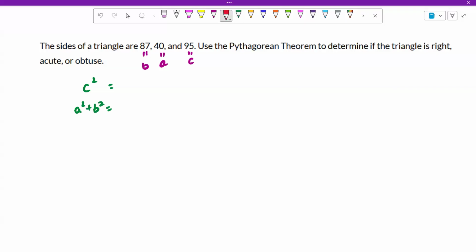What is 95 square? It's 9025. Then 87 square plus 40 square.